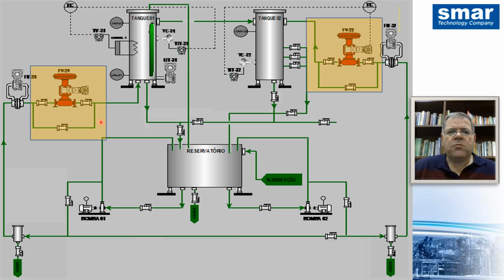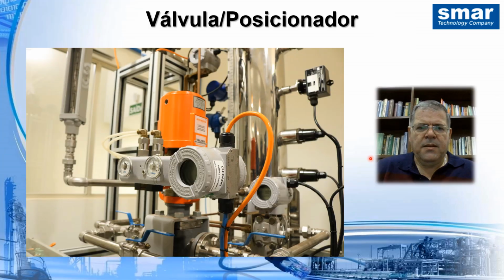Let's discuss the valves and the bypass now. Inserted in the teaching plant, we have the valves on the left side of 1 and on the right side of 32. The valves are control valves that work with pneumatic control. We have a positioner for signal conversion of the electrical signal sent to it, the control signal, for the valve to function.